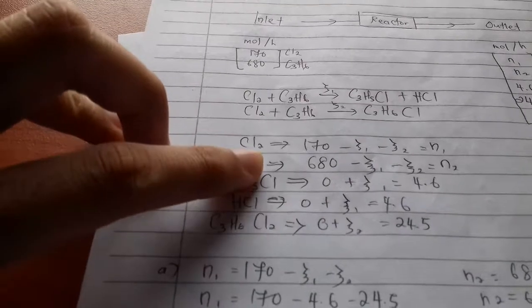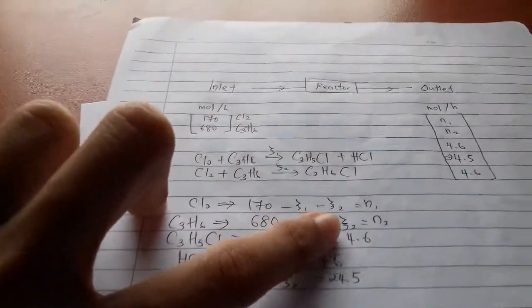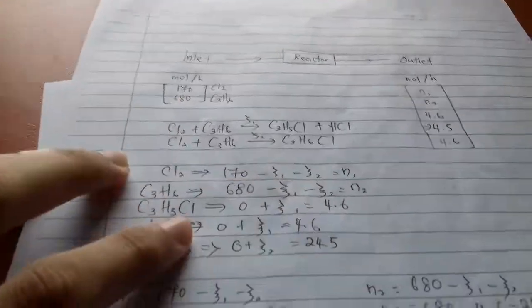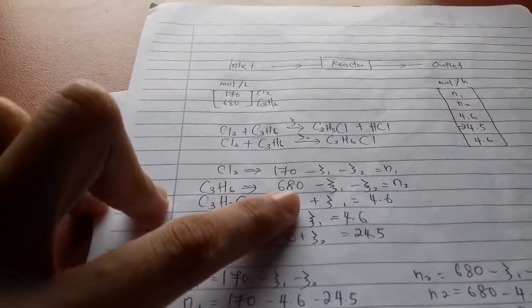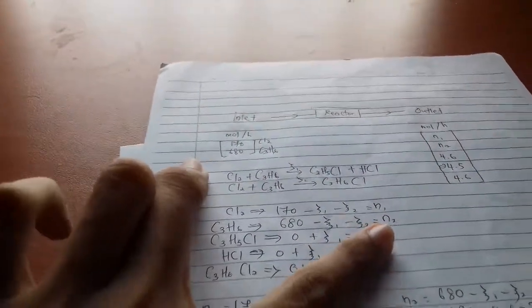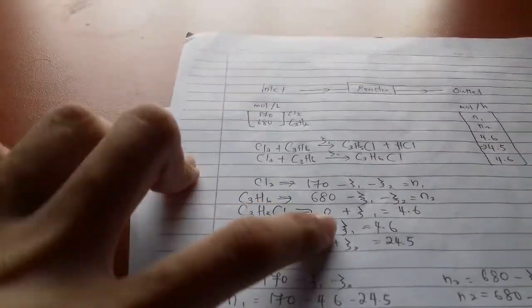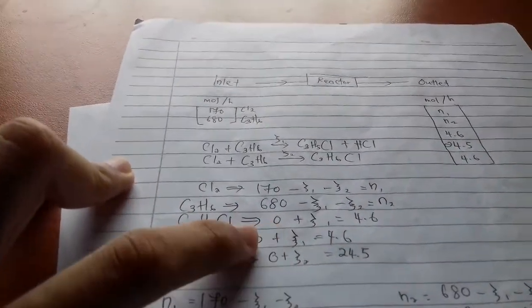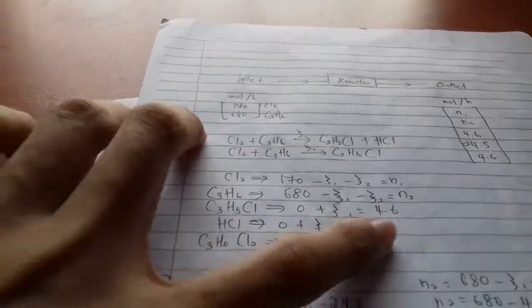For Cl2, I took 170 minus K1 minus K2 for N1. And then for C3H6, I took 680 minus K1 minus K2 equals N2. For C3H5Cl, I took 0 plus K1, which is equal to 4.6.